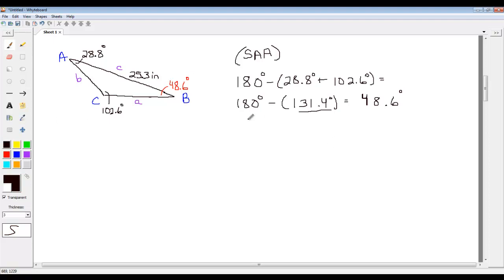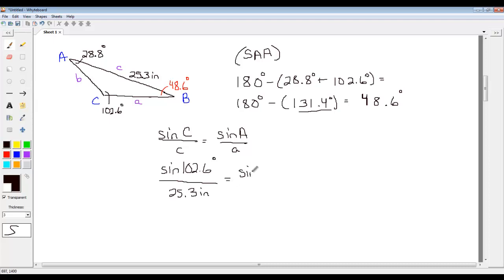All right. Then we can set up our ratios, our proportions, to get some of those other sides. Well, we know angle C and side C. So we can say that sine of angle C over side C is going to equal sine of angle A over side A. So the sine of 102.6 degrees over 25.3 inches is going to equal the sine of 28.8 degrees over whatever side A is.